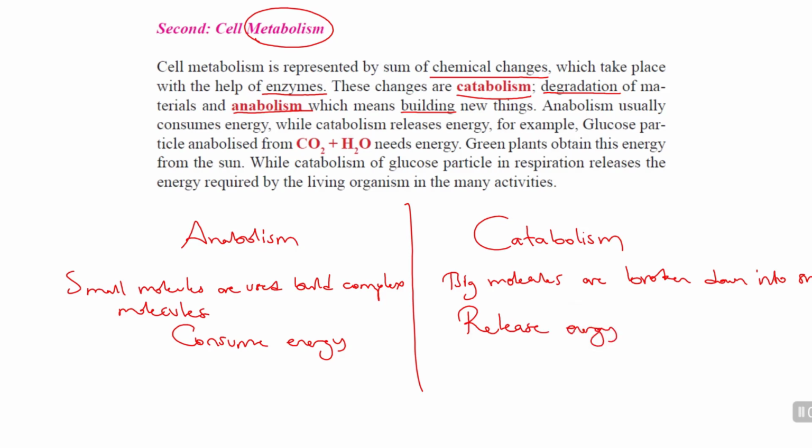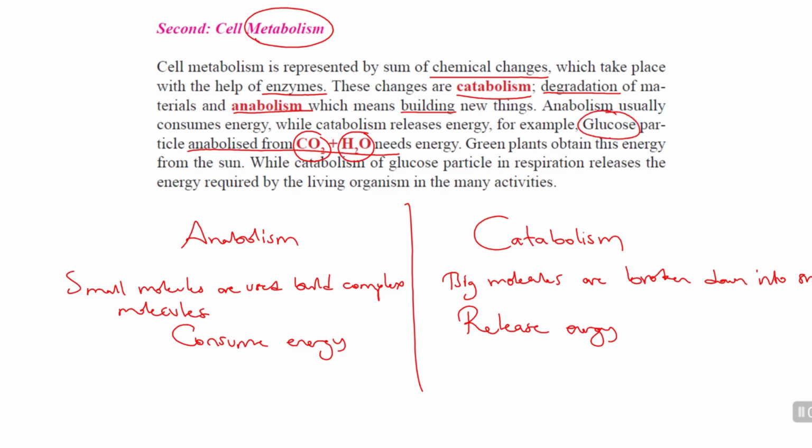An example of catabolic reactions is mitochondria and cellular respiration, where glucose is broken down into smaller pieces and ATP energy is released. That's why we call mitochondria the powerhouse of the cell, as the main function of mitochondria is cellular respiration, in which ATP energy is produced. Glucose is anabolized from small CO2 and small H2O to form bigger molecules, glucose.